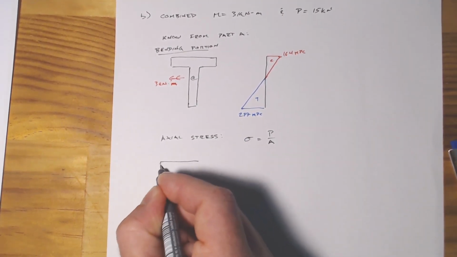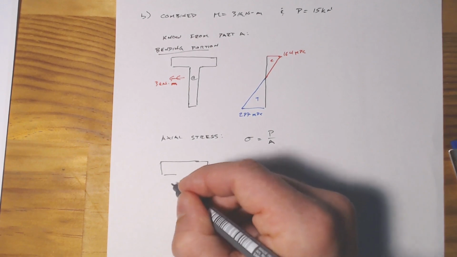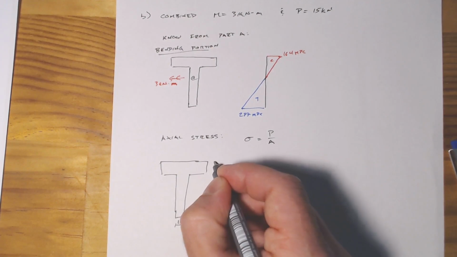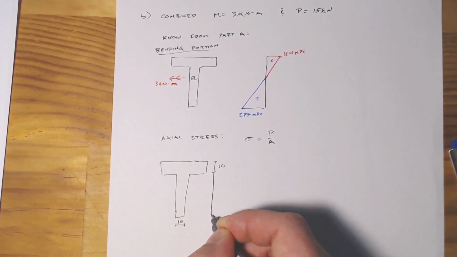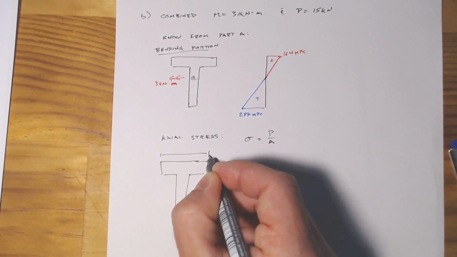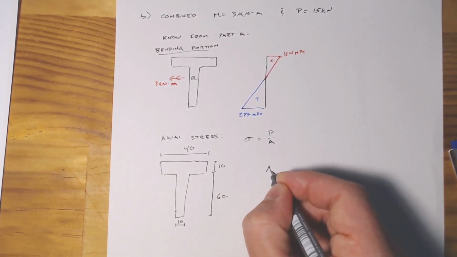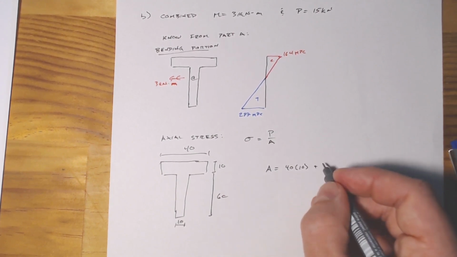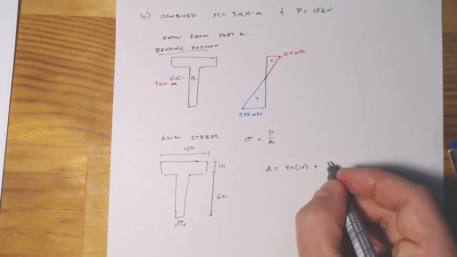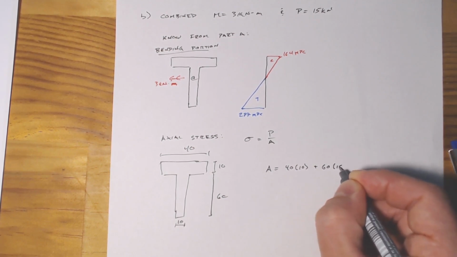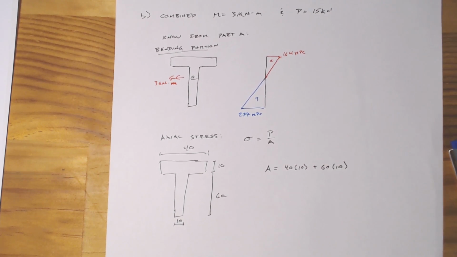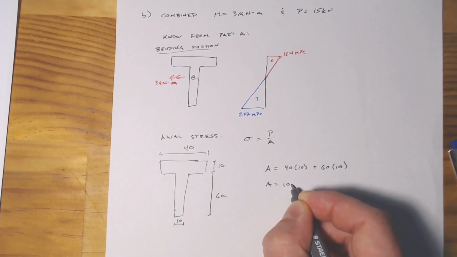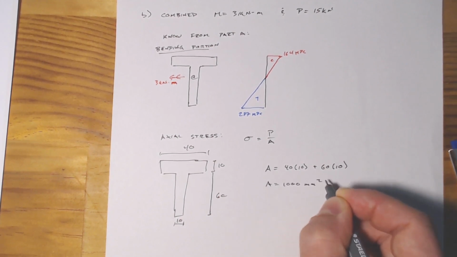Again, we'll sketch our cross section here. If this is 10 millimeters, that's 10 millimeters, this is 60, and this is 40. The area simply equals 40 times 10 plus 60 times 10. If we add that together, we get that the area equals 1,000 millimeters squared.